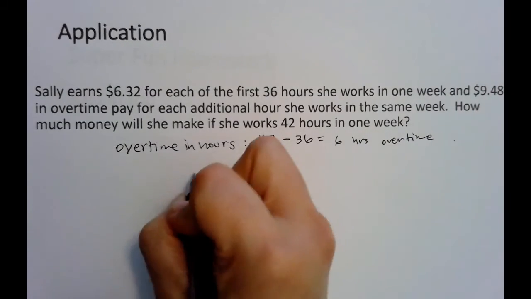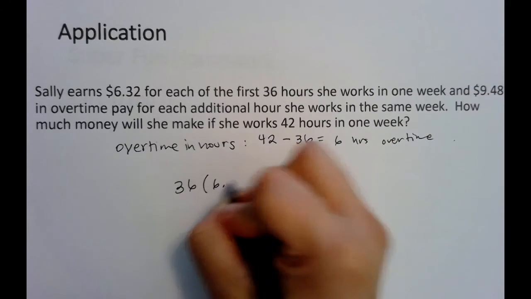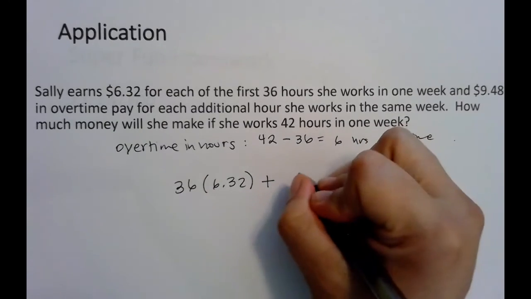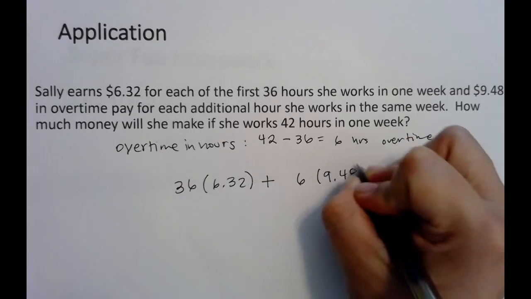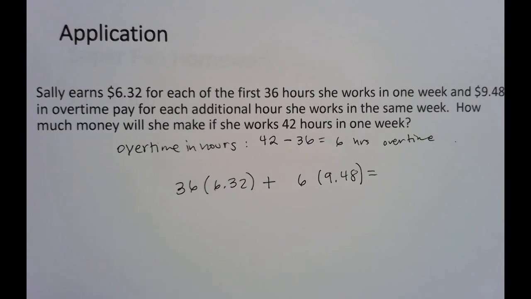Okay, so for 36 hours, she will be making $6.32. And then, for 6 hours, she's going to be making $9.48, okay? So then, let's go ahead and multiply that. Okay, so 36 times 6.32.